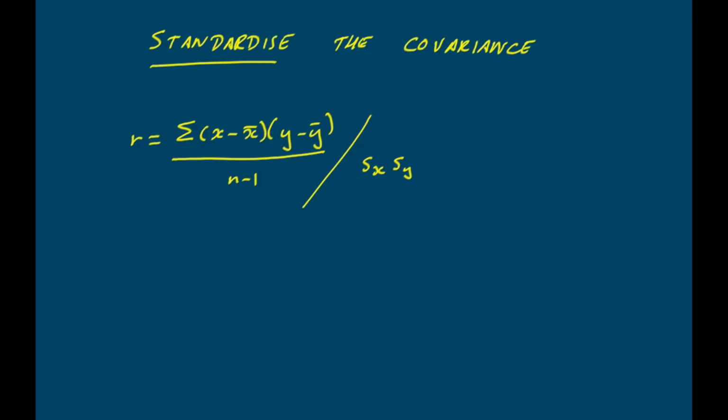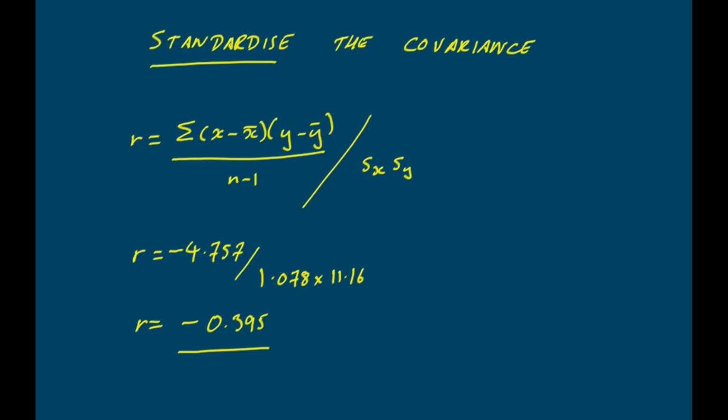And in the case of our data set, that's going to be the covariance that we calculated before divided by the standard deviation for the particulates measure multiplied by the standard deviation for the oxidative burst data, and that, if you take it, gives us an overall value of minus 0.395. So we've still got a negative value. It's a negative correlation that we're seeing, but this value is now minus 0.395.